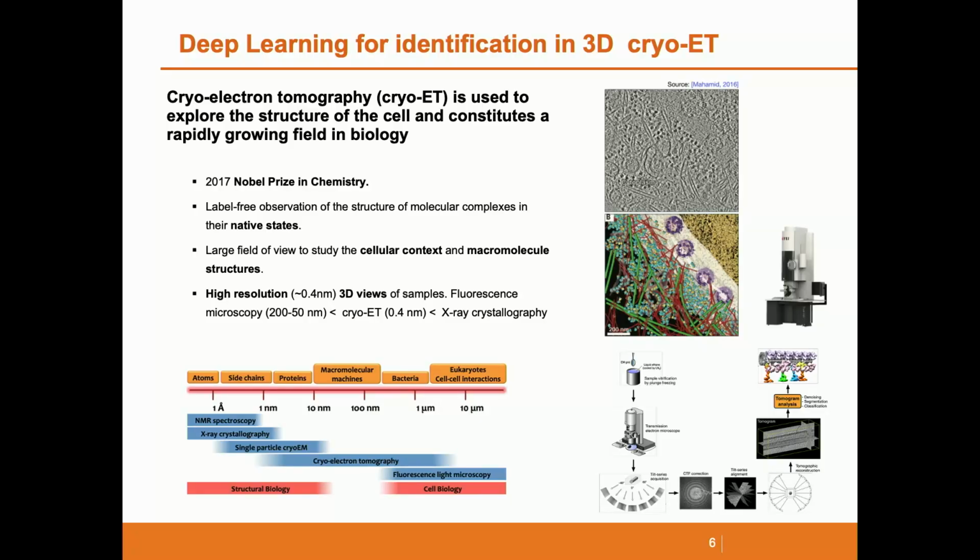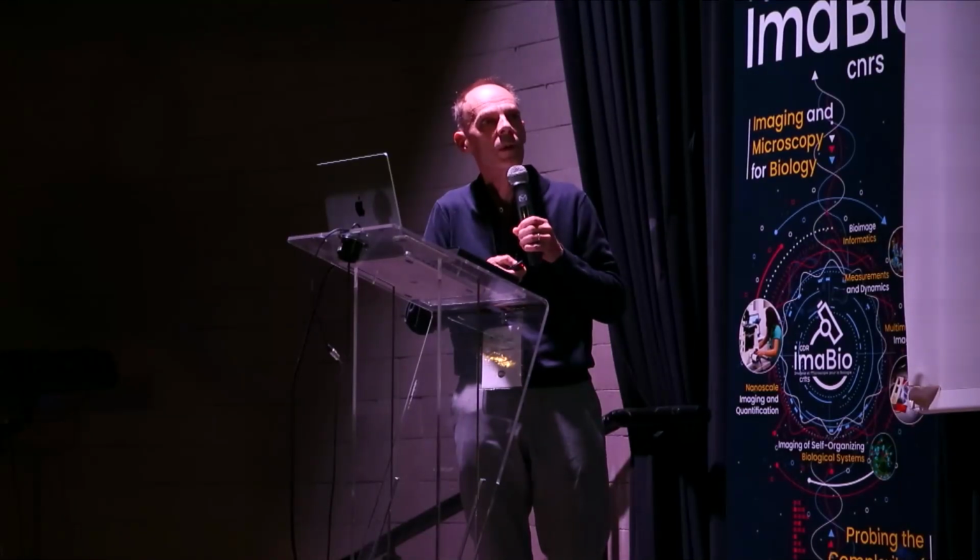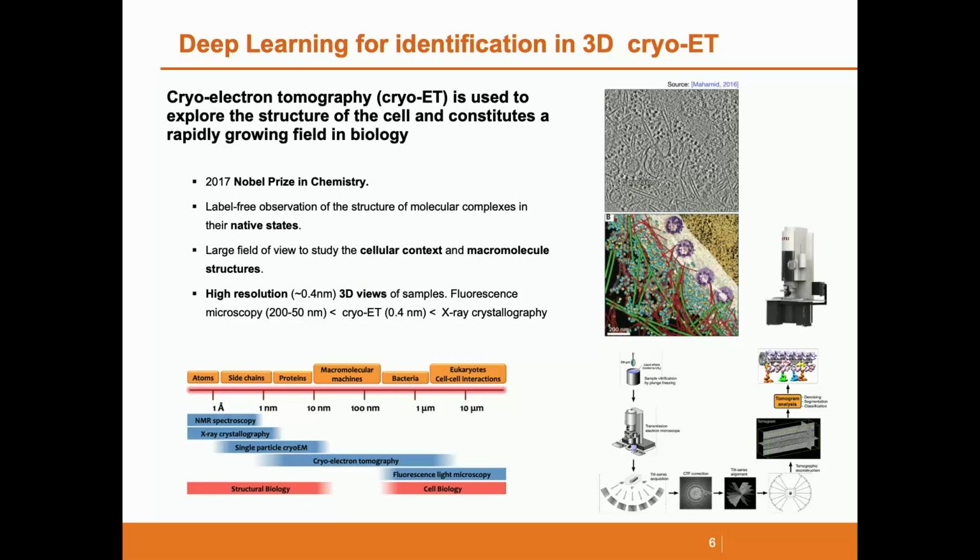The pixel size in that case is 3 angstrom in general, so this is a very high resolution technique, 0.3 nanometers. You get a 3D volume from tilt series: from the different tilt series, you apply a reconstruction algorithm to generate a 3D volume composed of several hundreds of voxels.